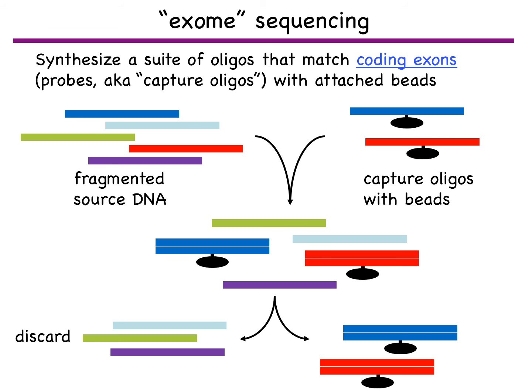So you discard all the fragments that don't base pair, and you capture all the coding exons, and you subject them to sequencing analysis. And then you're going to look at those sequences, compare them to control individuals, and you're going to look for mutations that are responsible for the disease that you're studying.